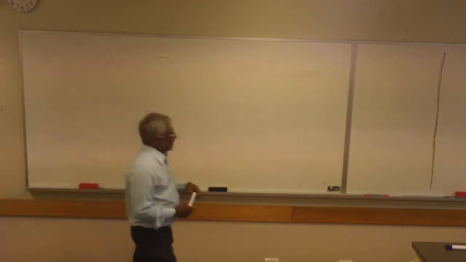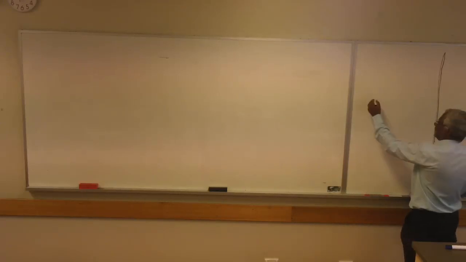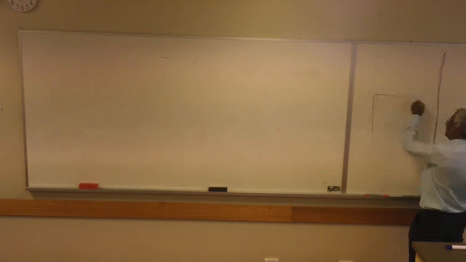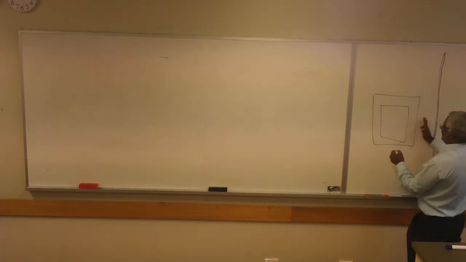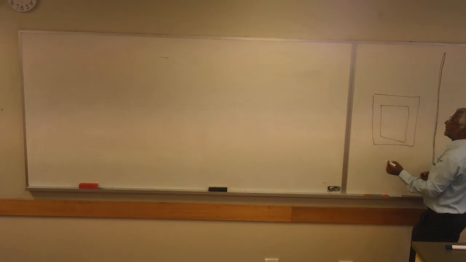Okay, so I'll continue with the transformer, and I had drawn a little diagram of a transformer on this side, and I'll do that again because every now and then we would refer to it. I'll just save time and draw it on this side.